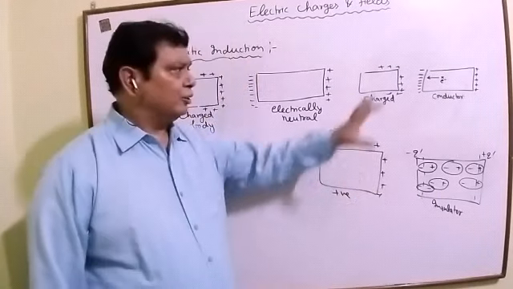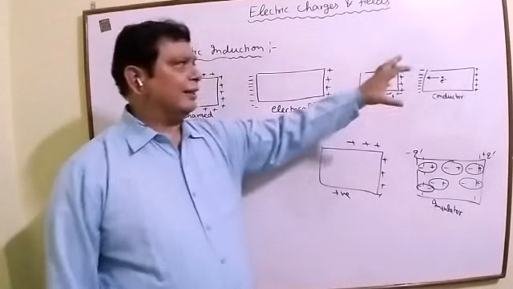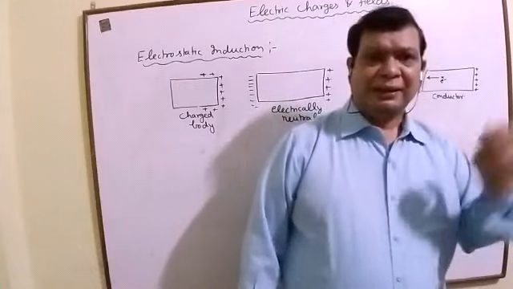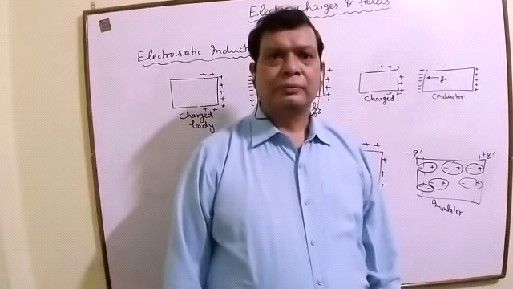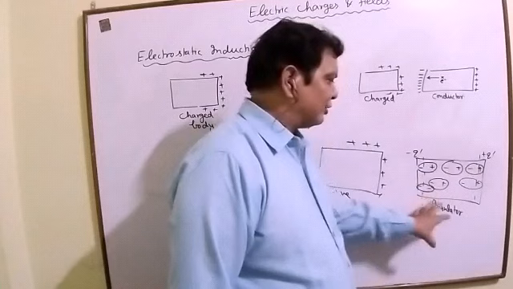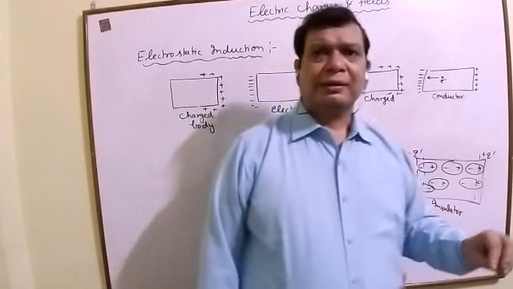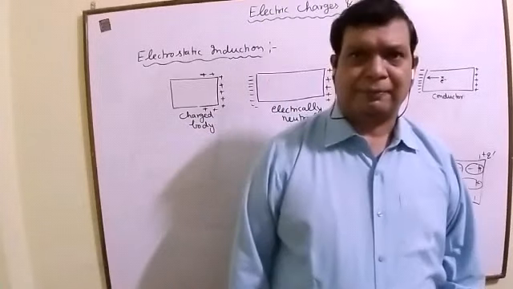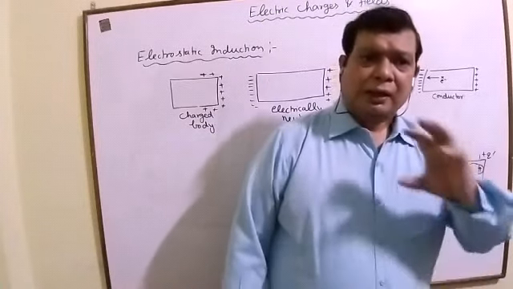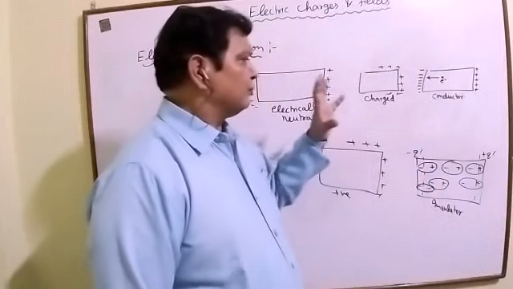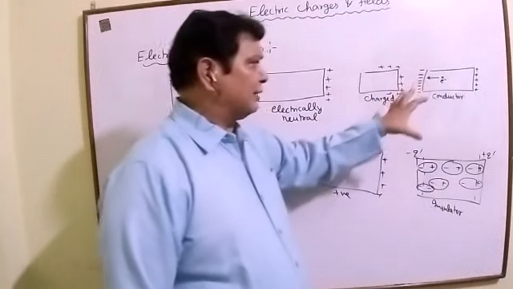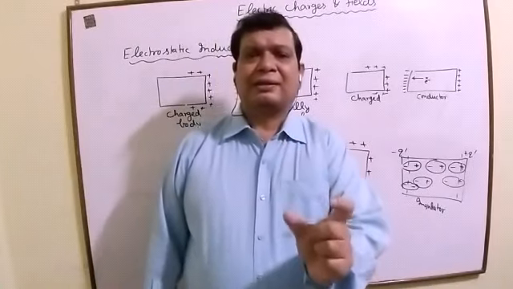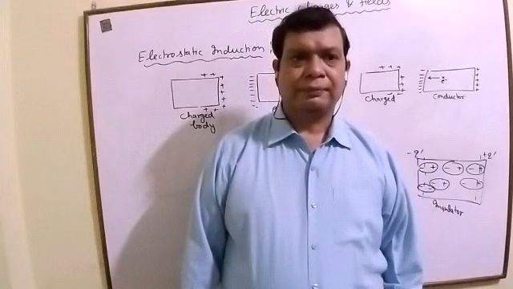But here you are observing that in conductors this phenomenon is taking place easily, while in insulators there is a little bit of difficulty. Got it? So, here I have to tell you that this phenomenon is also known as electric polarization.